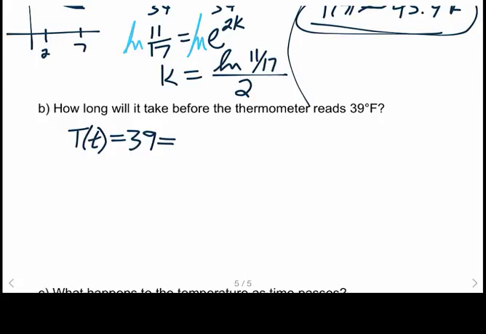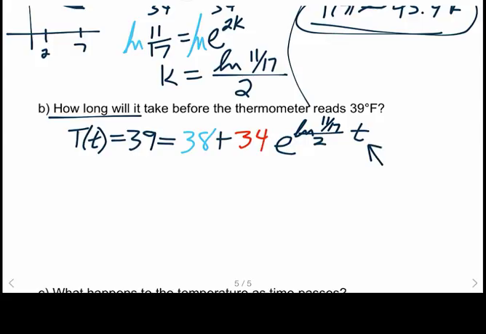That is to say, the surrounding temperature is 38 degrees, the initial temperature difference was 34 degrees, and then we have e to the natural log of 11 over 17, all divided by 2, times t. Since we're asked how long will it take, it should make sense that we're solving for t. Well, let me erase that T of t so it doesn't look confusing.